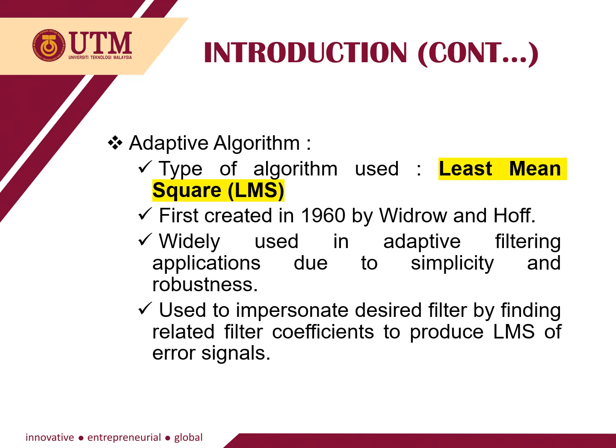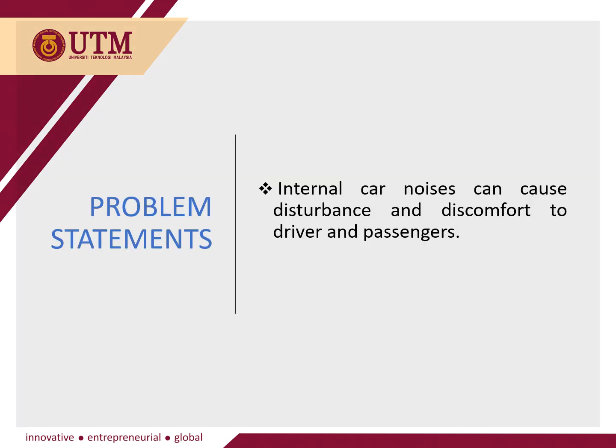This algorithm has been widely used in various adaptive filter applications such as noise cancellation, image processing, etc. Many researchers use this algorithm due to its simplicity and robustness. It is a very simple algorithm used to impersonate, or in other words, to mimic the desired filter by finding the related filter coefficients to produce the least mean square of the error signal.